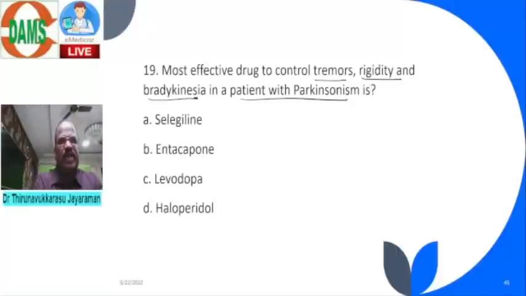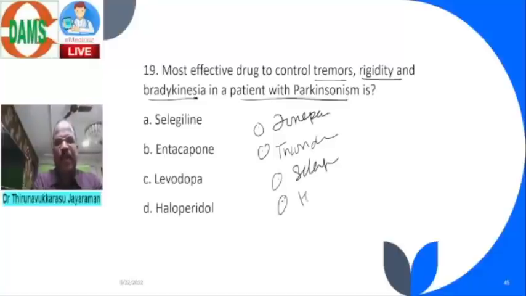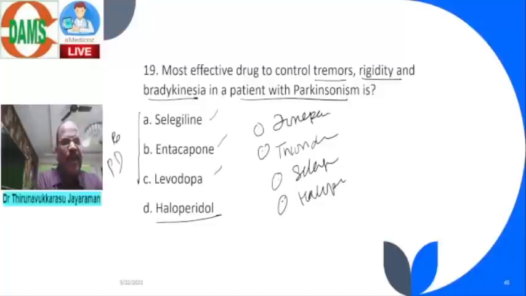Selegiline, entacapone, levodopa are all drugs useful for treatment of Parkinson's disease, whereas haloperidol is a D2 blocker; it is never used.